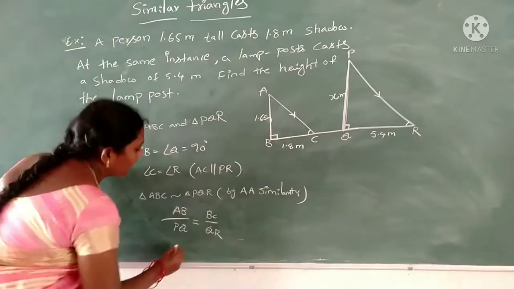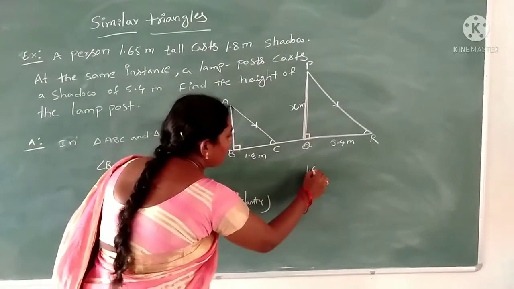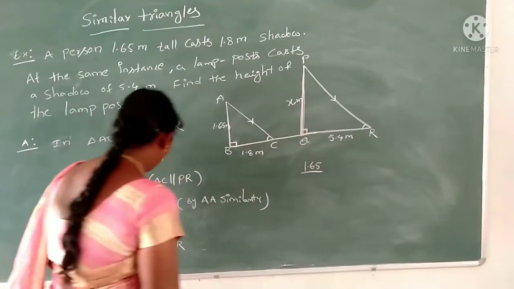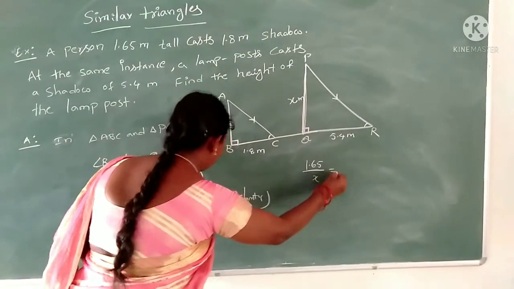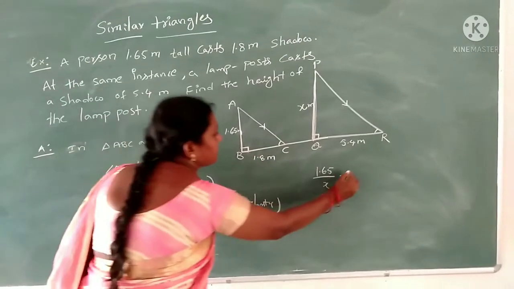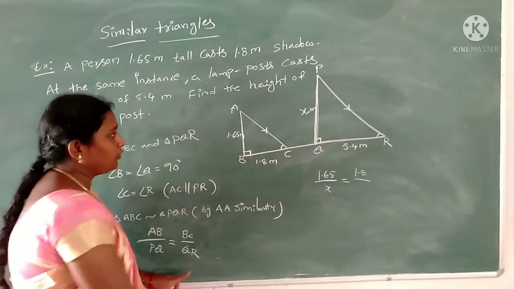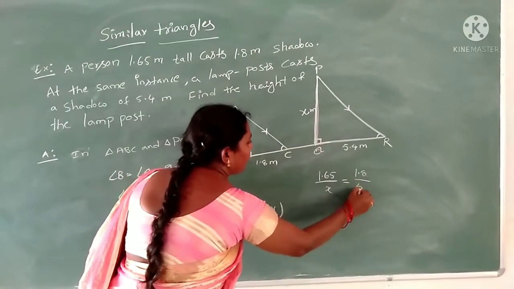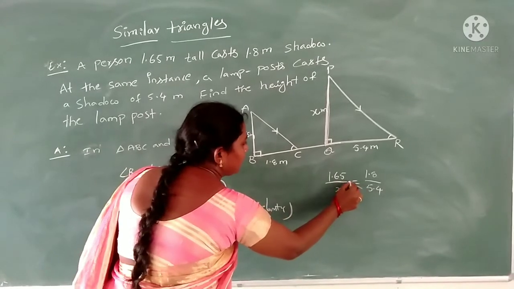AB value 1.6 by PQ value x equals BC value 1.8 by QR value 5.4. Next, cross multiply.